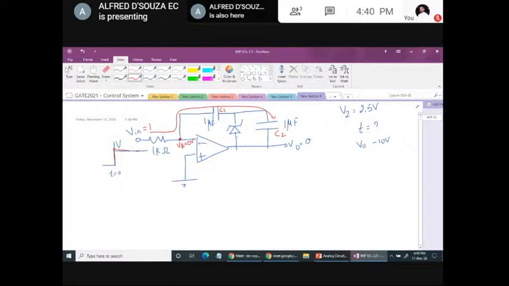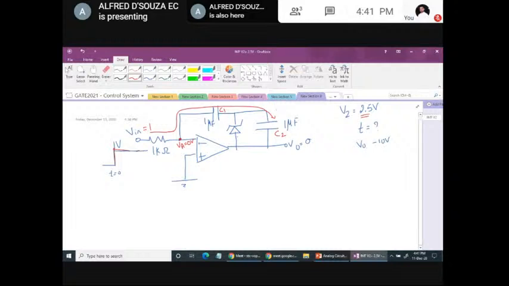Capacitor C2 charges till its voltage reaches 2.5. Afterwards, the Zener diode will enter the breakdown region and it will maintain 2.5 volt constant across this capacitor. Further charging of the capacitor will not increase the voltage and it is not useful for us as well.